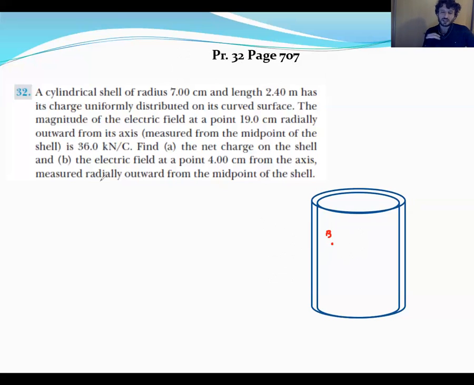We don't need to repeat the same equation of Gauss's law. By symmetry, we apply phi equals the integral of E dot dA, which equals Q in divided by epsilon.